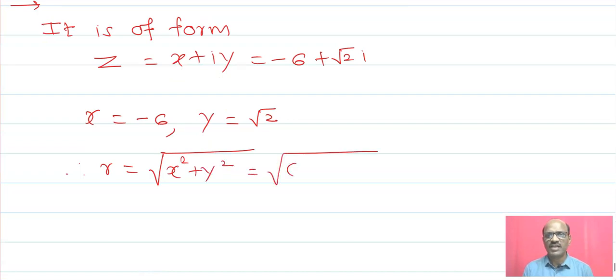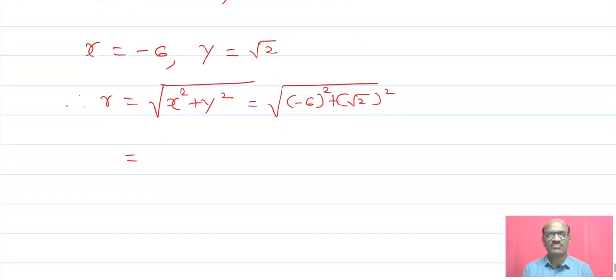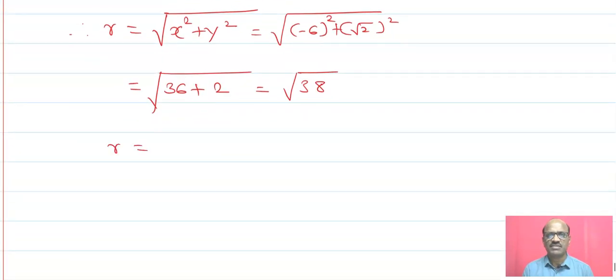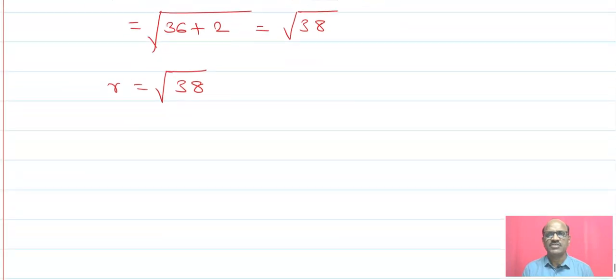Now this point lies in the second quadrant because x is negative and y is positive. Therefore, r is equals to root of x square plus y square, that is 36 plus 2, that is r is equals to root of 38.